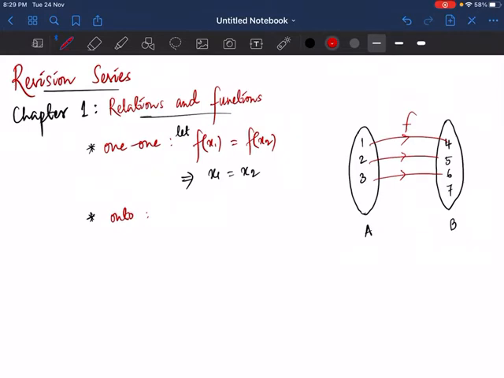Why? Because the element 7 is not related with any element in A. So we can say that this one was not onto.